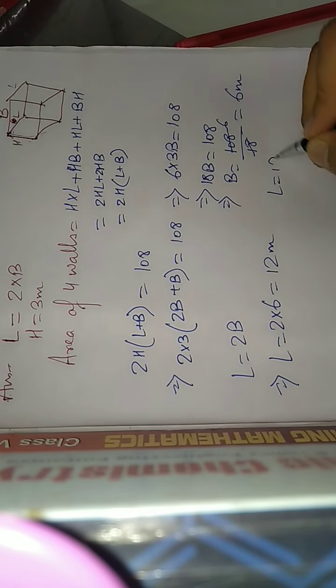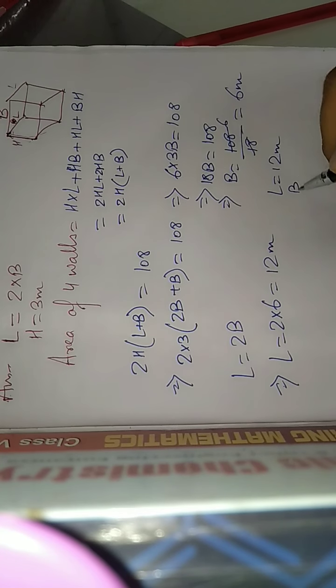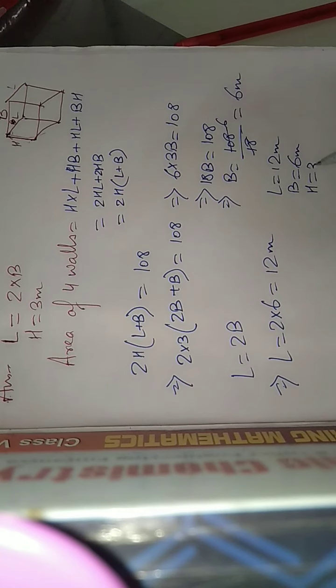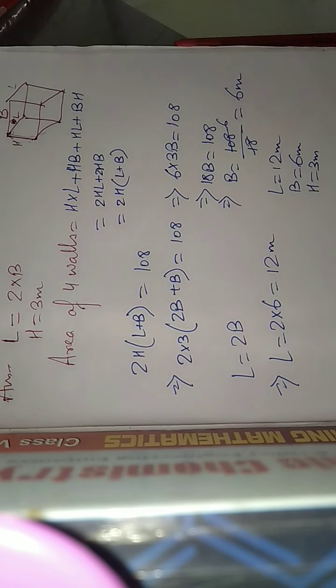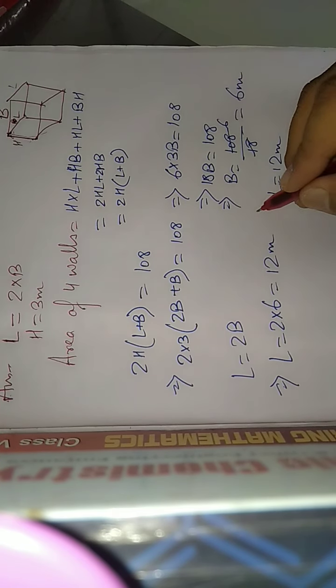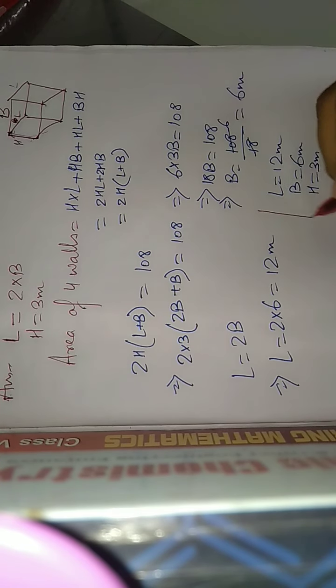So length is 12 meter, breadth is 6 meter, and height was already given as 3 meter. So this is your answer. Okay students, we will move on to the next question now.